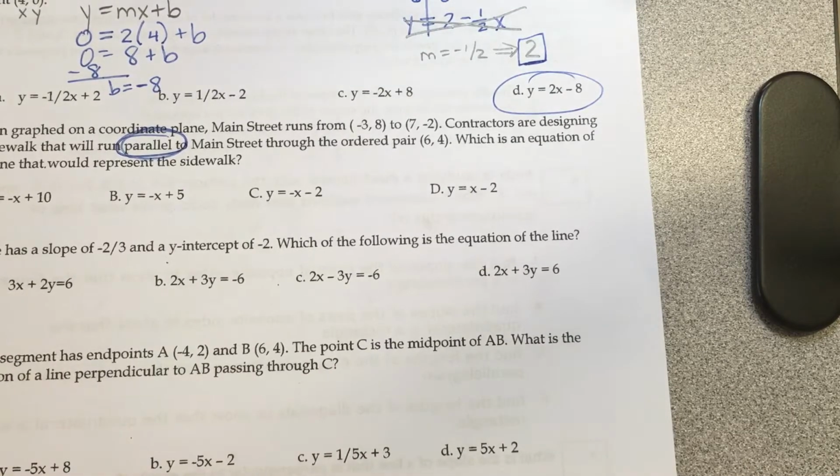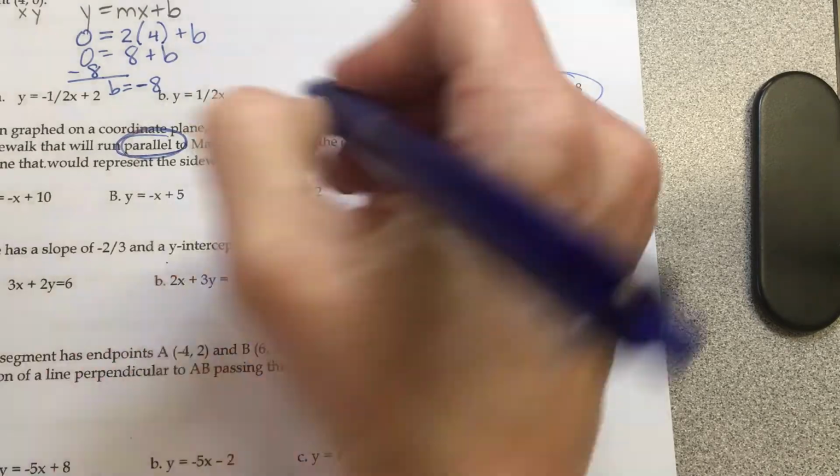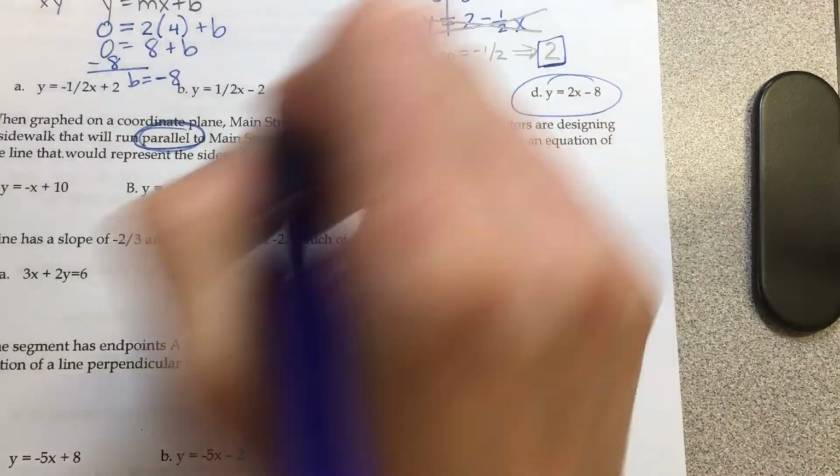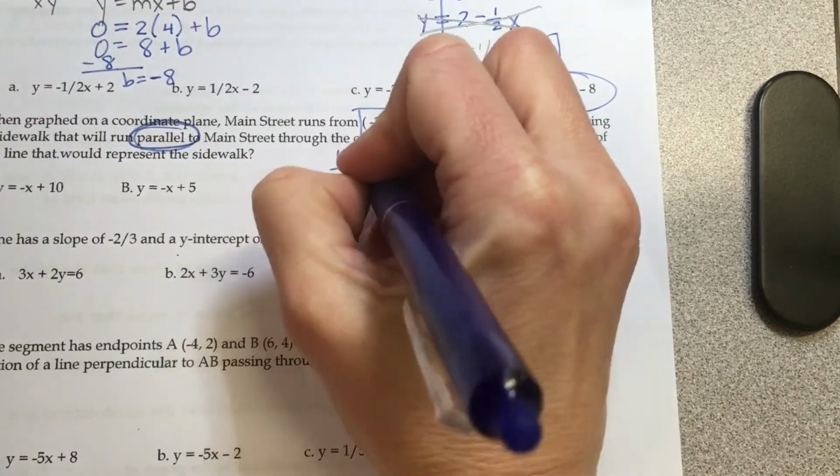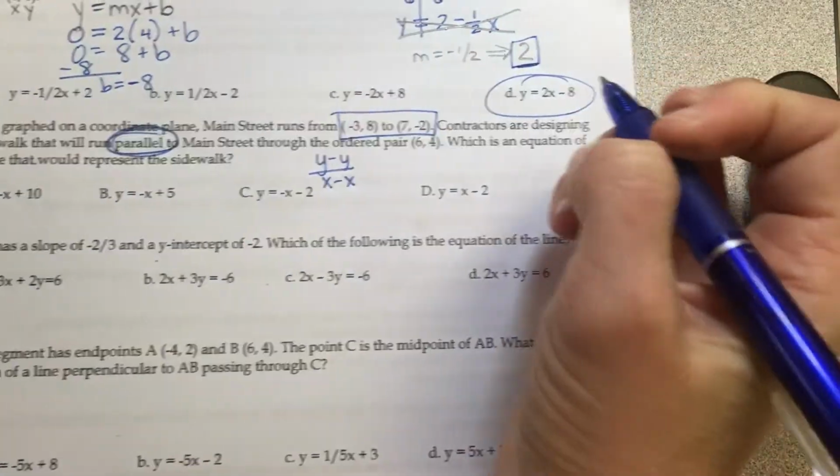Parallel means same slope. Okay, I have to find the slope. In this case, they give me 2 points. How do I find the slope of that? Very good. y minus y over x minus x.